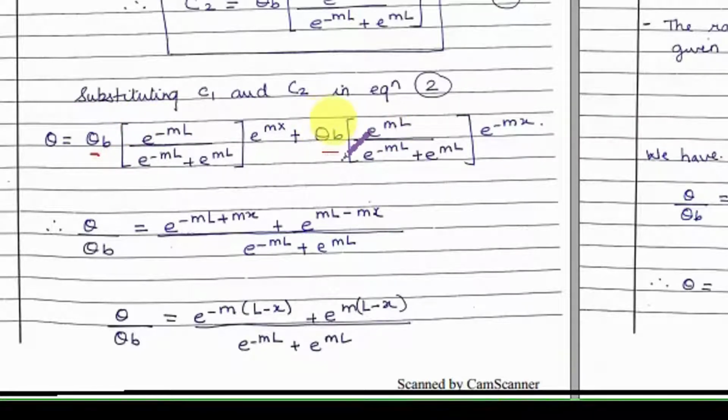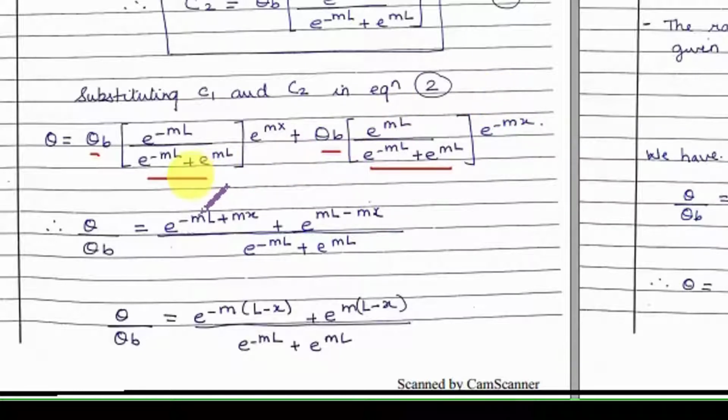Here you can see I will take it as common and take it to the other side as a numerator. Now the denominator is common here. I can take it common for both the terms. So what I get is e to the power ml plus e to the power mx, plus e to the power ml plus minus mx.